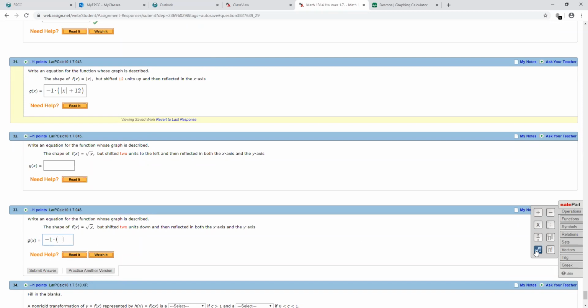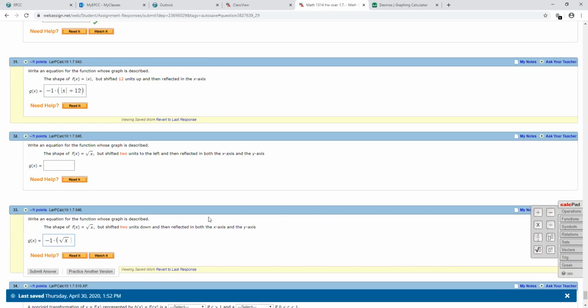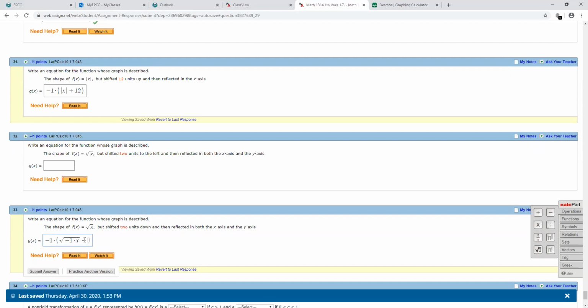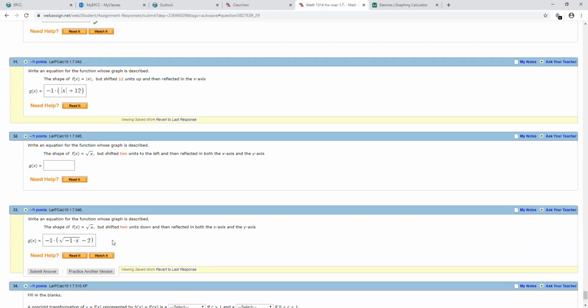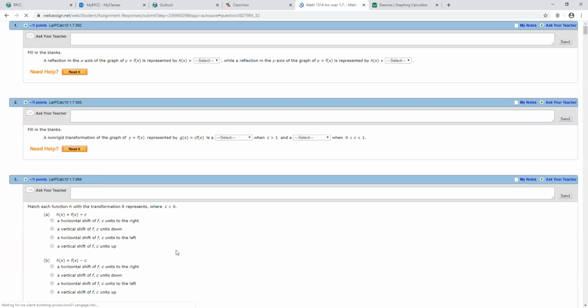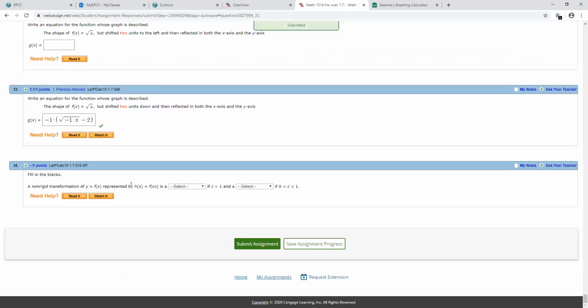And then we have the square root of -x, and outside of the square root symbol is -2. And close parentheses. Let me check. And we are good. A little tough, but I hope it is okay.